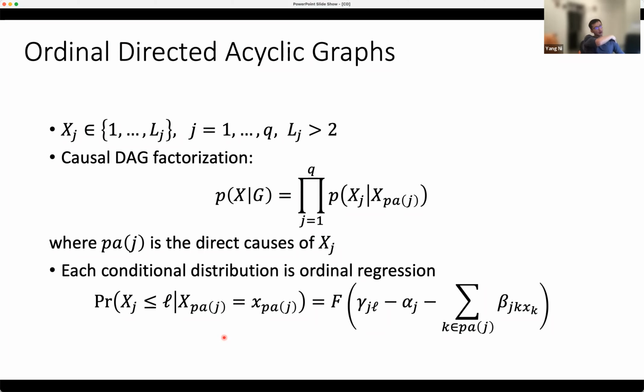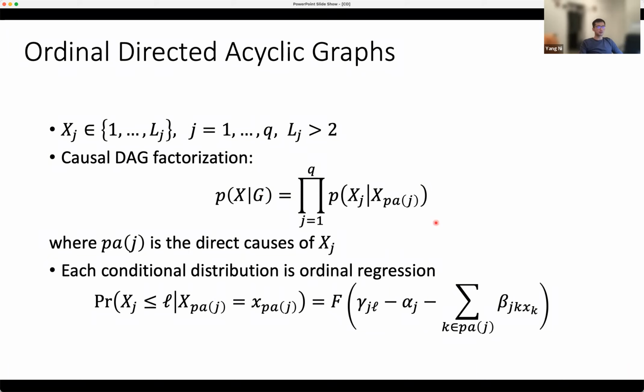We have seen a simplified version of this formula a few slides ago when we talked about this example, but this is just a more general version of it. Basically it says, if I have a causal graph G, then I can write down the joint distribution of X, which contains q random variables, as a product of conditional distributions, where each conditional distribution is the distribution of a variable X_j given its direct causes.